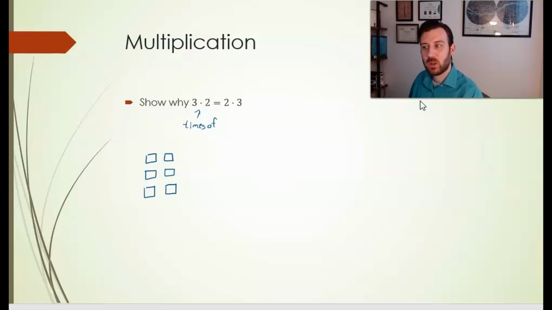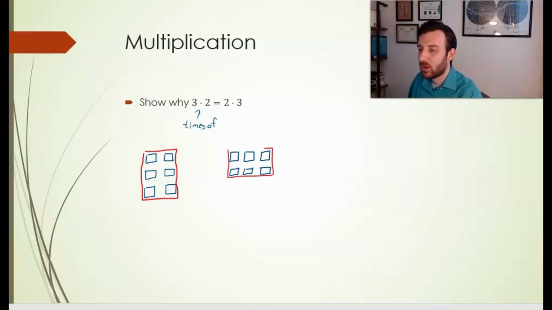Now, is it true that that's the same as 2 times of 3? Well, obviously that's going to be 6, but let's use our visual model to show why one instance of 3 and then a second instance of 3 has to be the same as 3 instances of 2. And it's in representing these visually that we see that it does not matter if we do multiplication of one term before the other or the other before the first, we're going to produce the exact same collection, and all we have changed is how we flip our perspective.